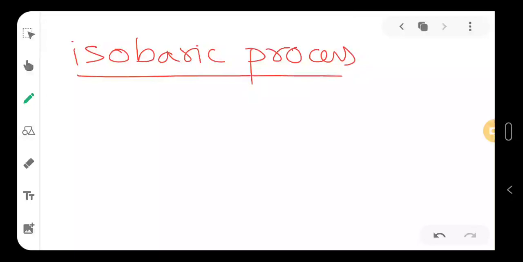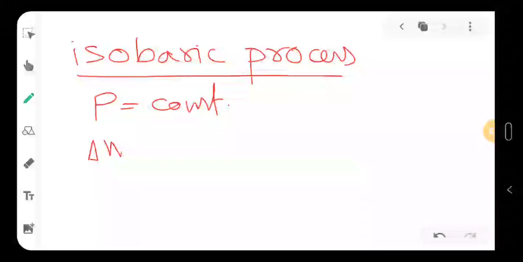So the isobaric process means, you remember the barometer. The word baro is regarding pressure. So isobaric means the pressure here is kept constant. Now as the pressure is constant, we have seen that delta W is P into delta V, right?